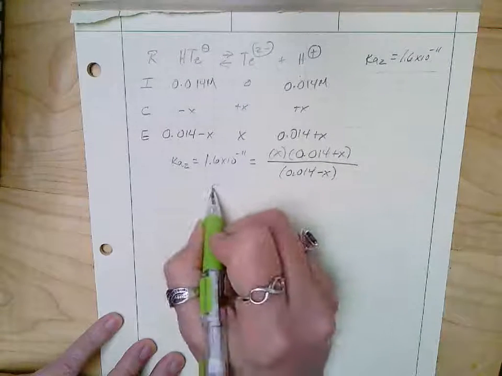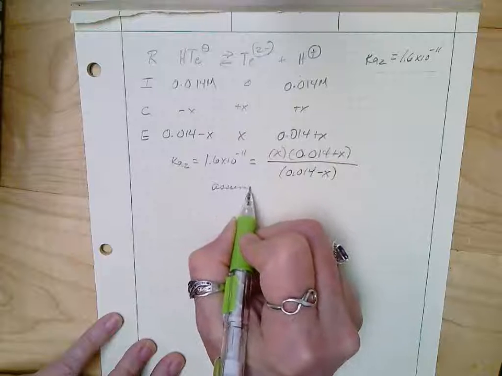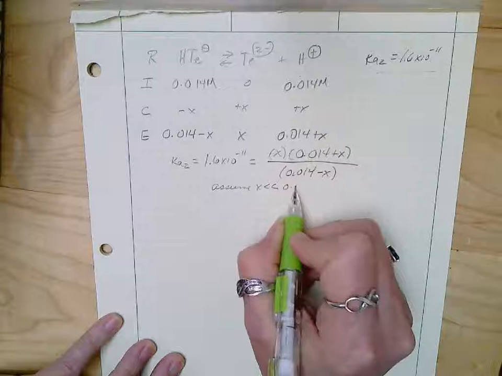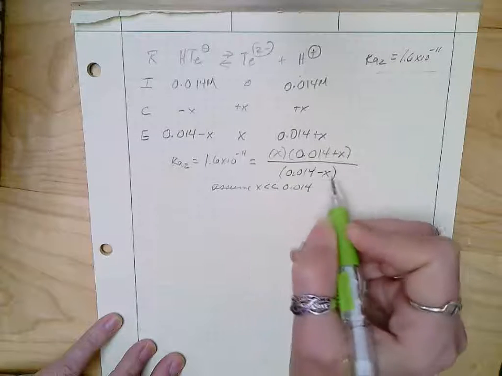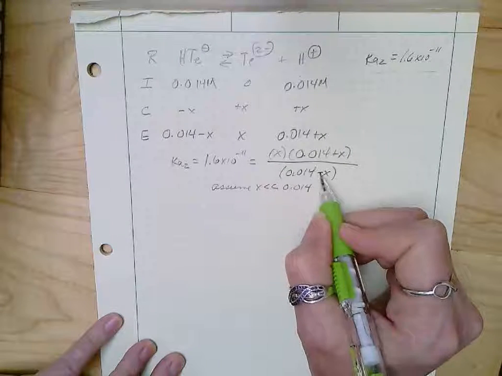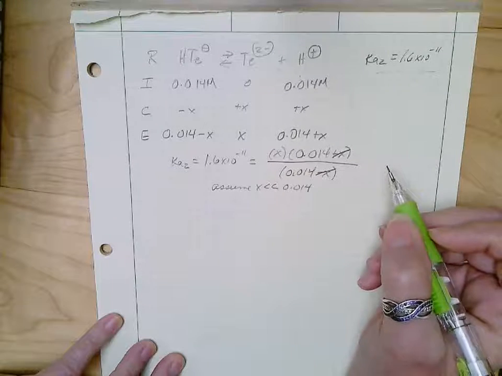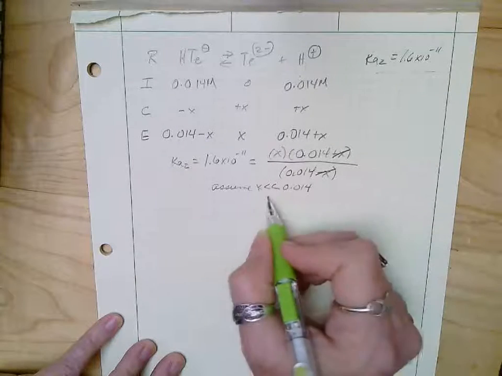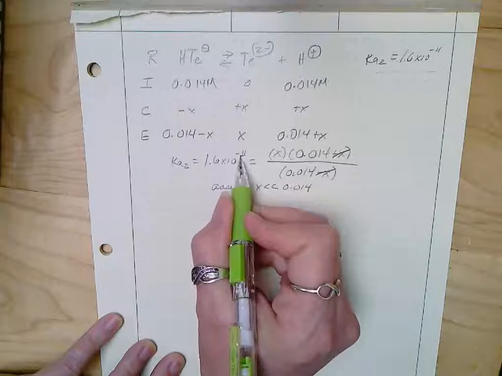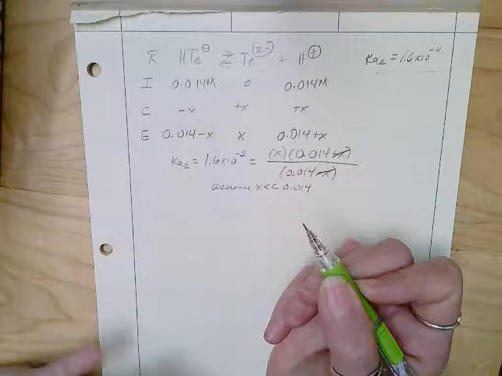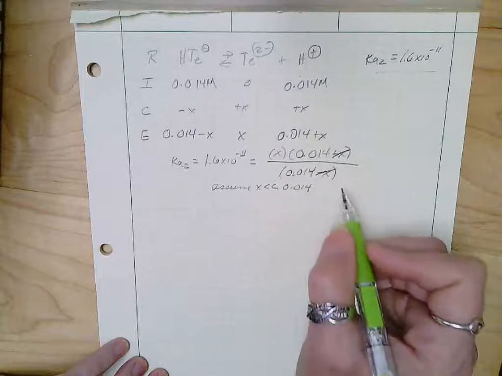Now I'm going to assume that x is much, much smaller than 0.014. And so that means for both this term and this term, I can cancel it out. And how can I assume that? Because the power of this exponent is so small or so negative that it's not going to affect this number.